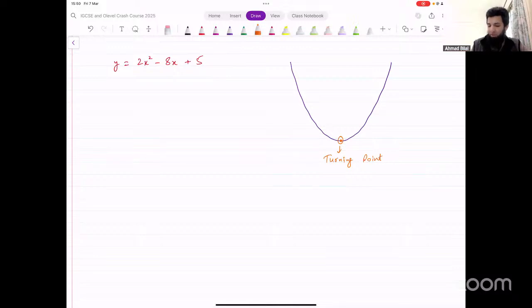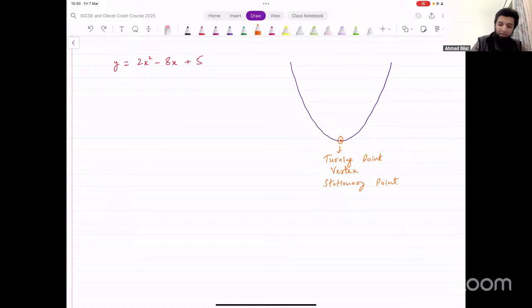We can also call this a vertex. That's another name that this point has. In this particular case, since it's a U-shaped curve, we can also call this point a minimum point, right? But there's another name that we have for this, and that is stationary point.